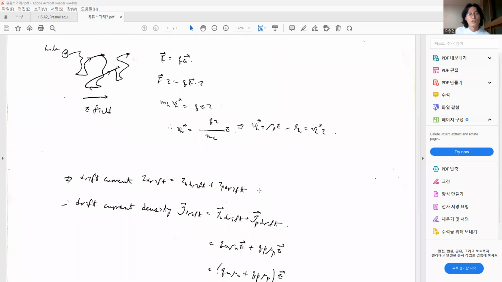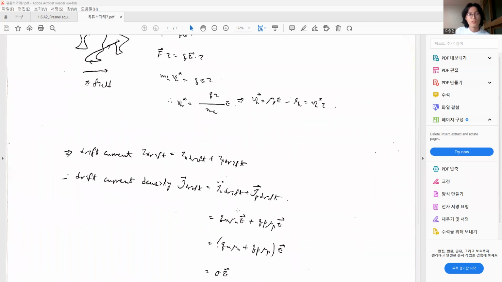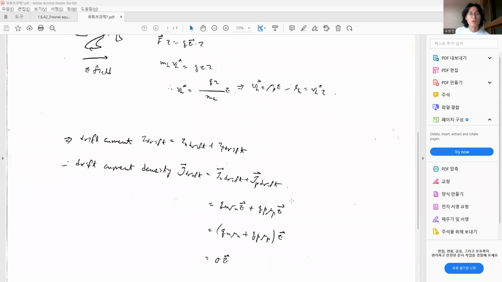And as we know, this drift current density can be expressed by the charge density multiplied by the velocity of holes or electrons.